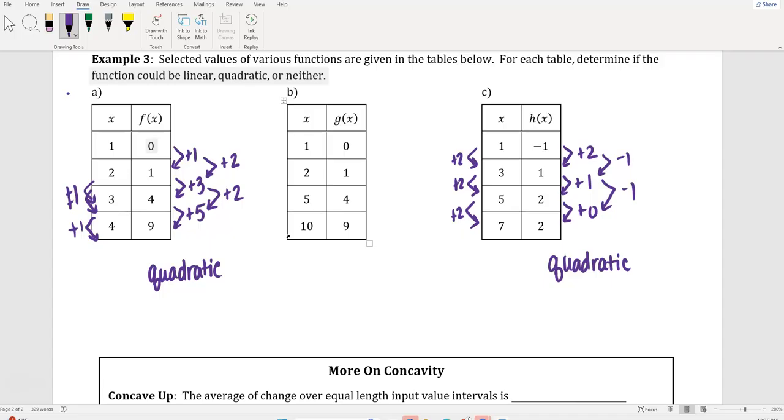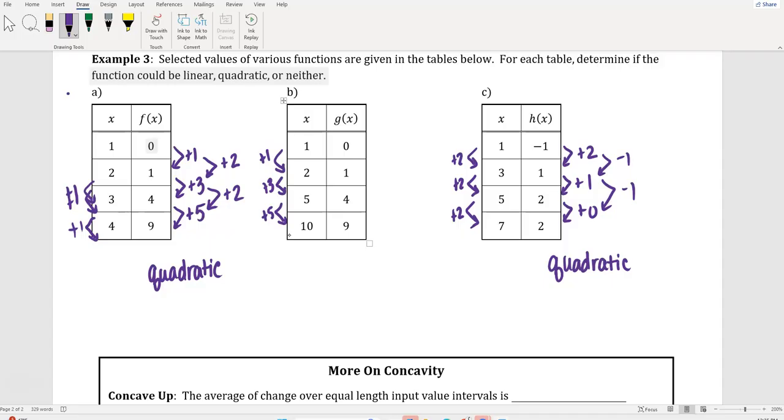Since we do not have consecutive equal length input value intervals, we see that x increases by 1 here, and then x increases by 3 here, and x increases by 5 here. We are only going to really be able to check to see if this is linear.